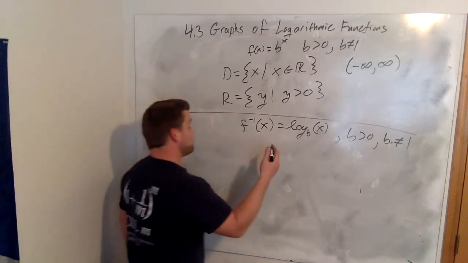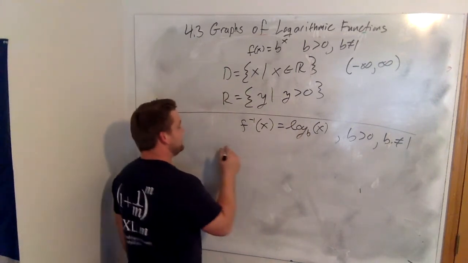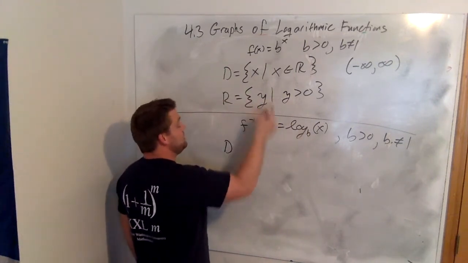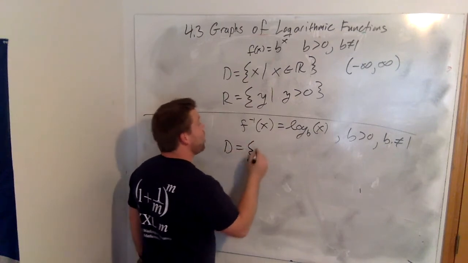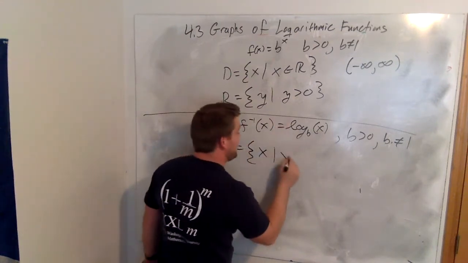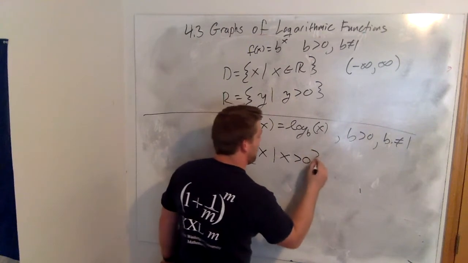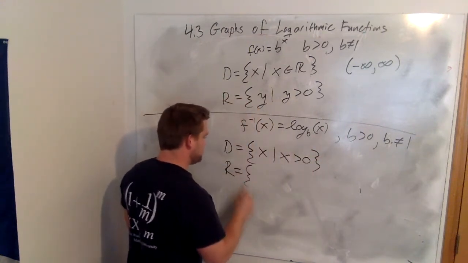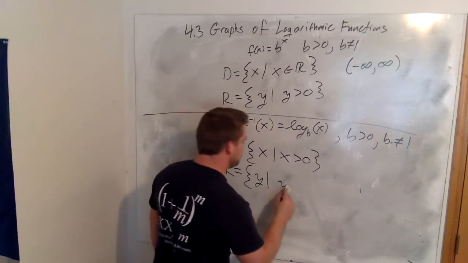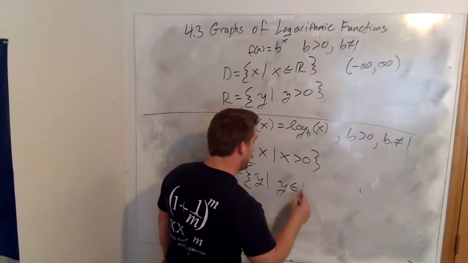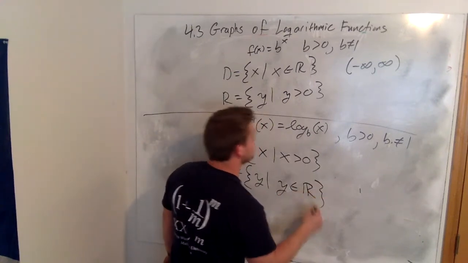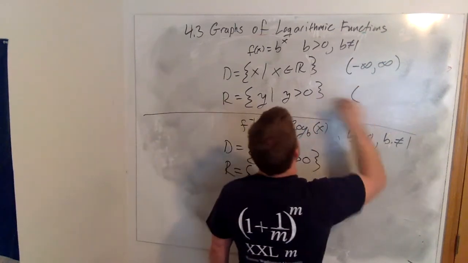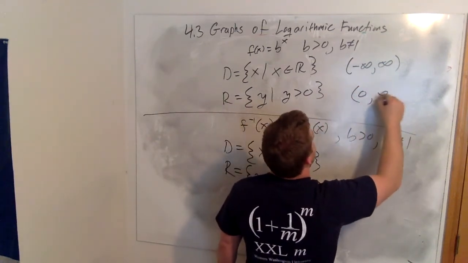So for the logarithmic function, its domain is all x such that x is greater than 0. The range is all y such that y is a real number. Maybe I should have said this is the same thing as from 0 to infinity.